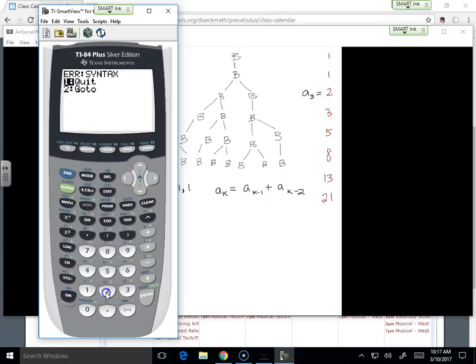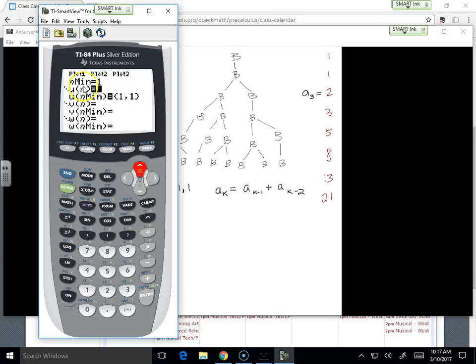Let's see if, oh, that's not going to like me. What else can I do? Maybe we just need to input 1. Let's see if we can now add 1. Is it happy now? Ooh.